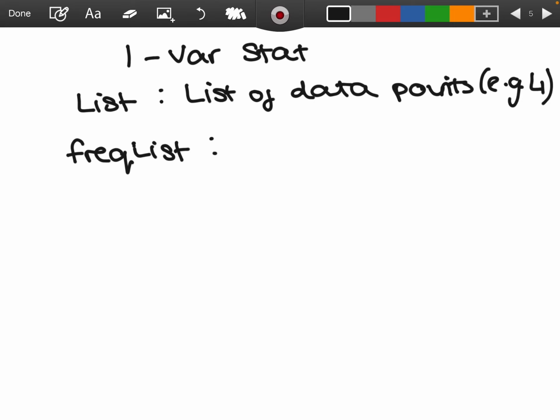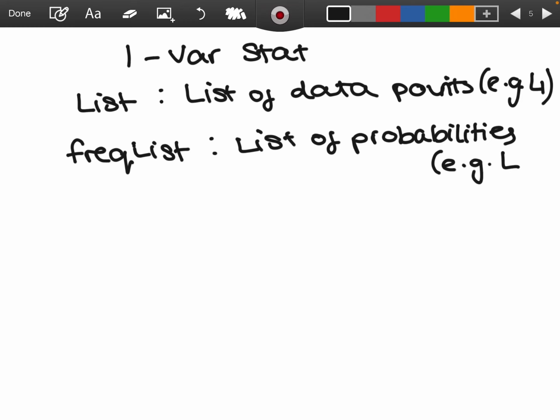Your frequency list is going to be your list of probabilities. So let's say list 2 that you put that in. When you go ahead and calculate, it will give you, I think about the 5th option down, the value of sigma x. It will give you the standard deviation.